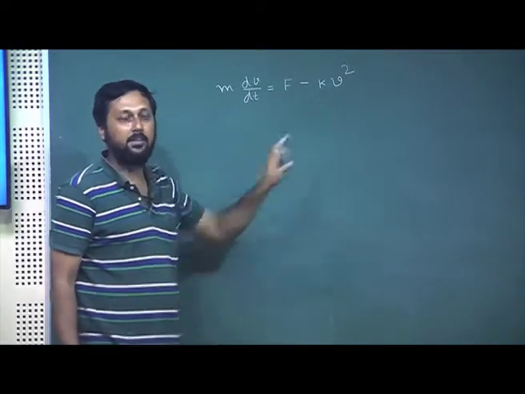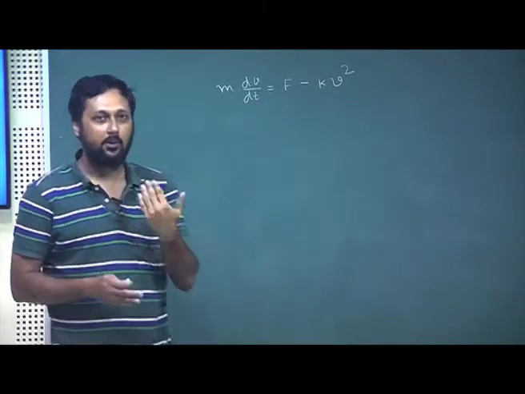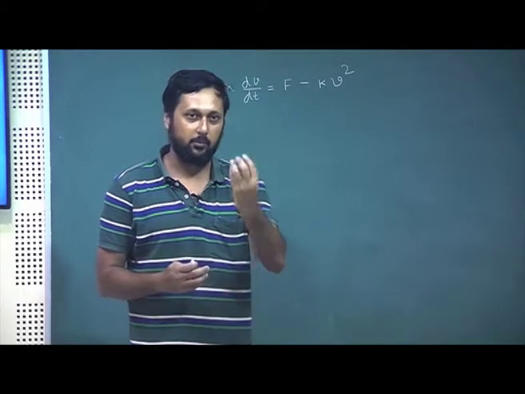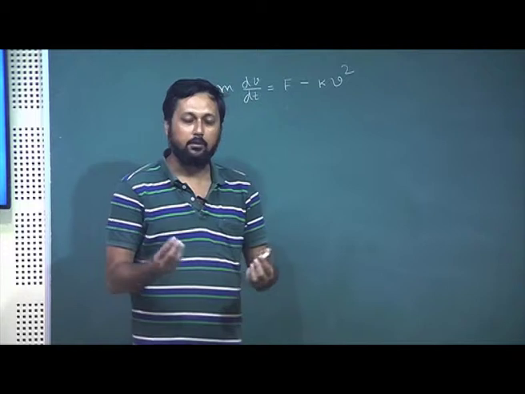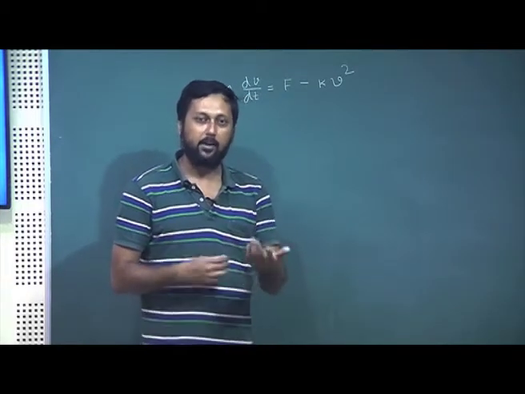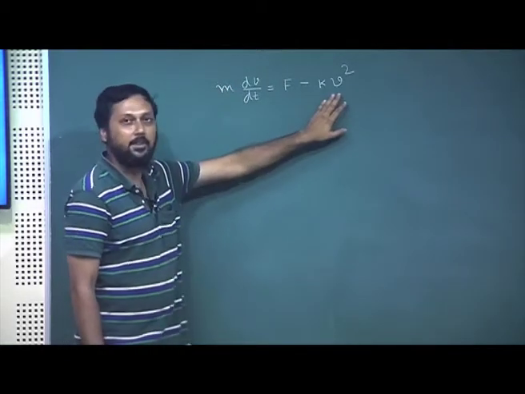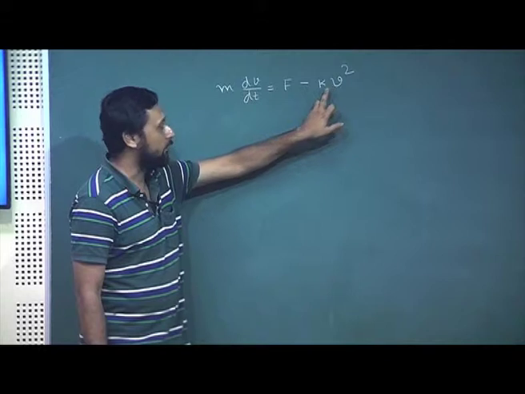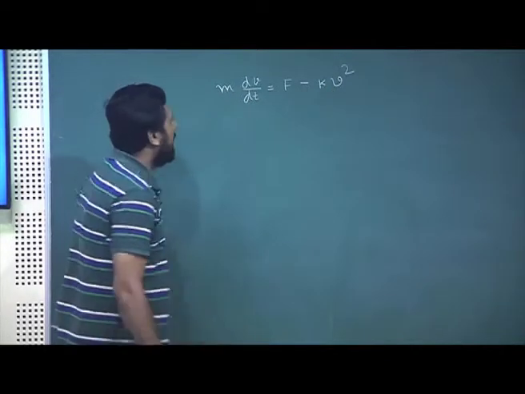Again, please remember that a motor car is an object which moves relatively faster compared to a falling raindrop or a sphere falling in the viscometer. Motor car has a much higher velocity. That is why we are working in the pressure drag regime, and we have the resistive force as minus k v square.